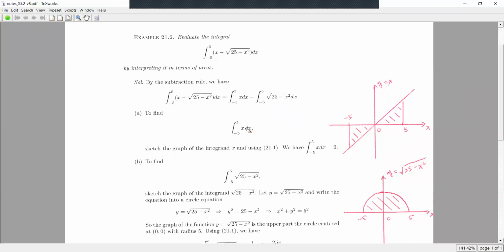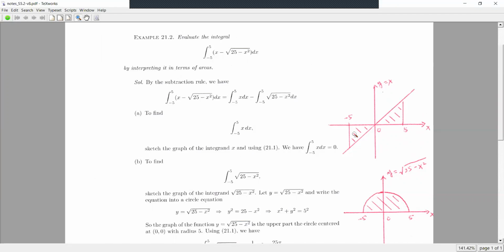The graph is the line going through the origin, and the slope is 1. This integral is the net area of the region bounded by the graph of x and the x-axis and between -5 and 5. It is the shaded region in this diagram.